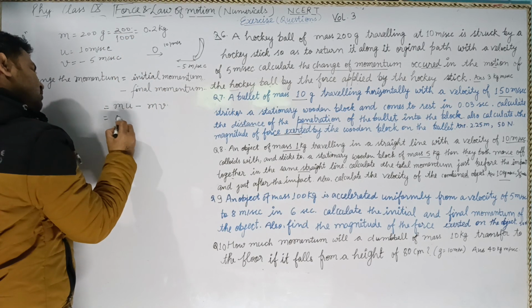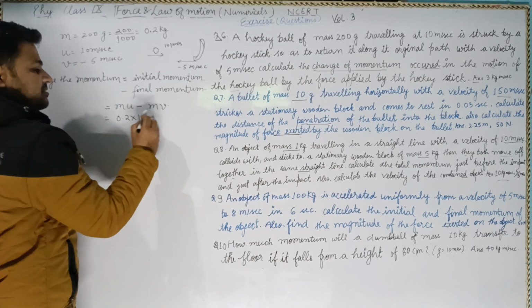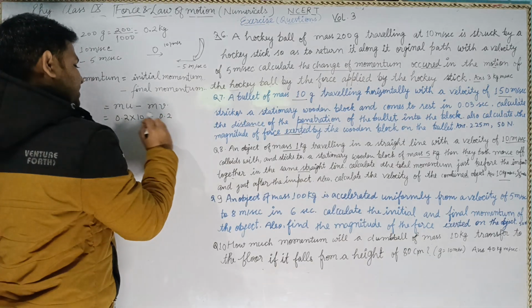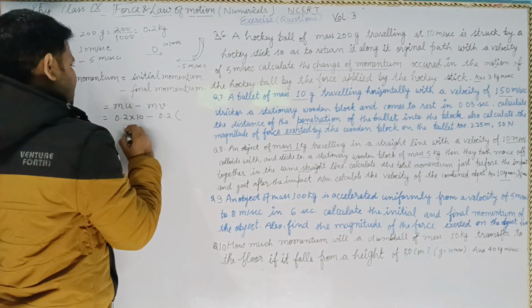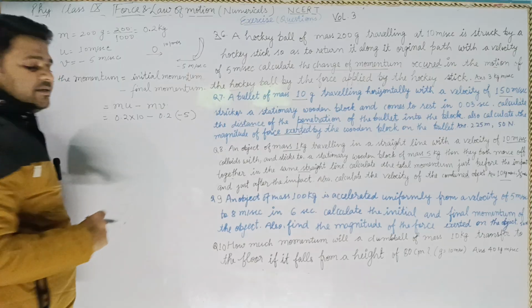Mass is 0.2, initial velocity is 10 meter per second, minus mass is 0.2 kilogram, and final velocity is minus 5 meter per second.